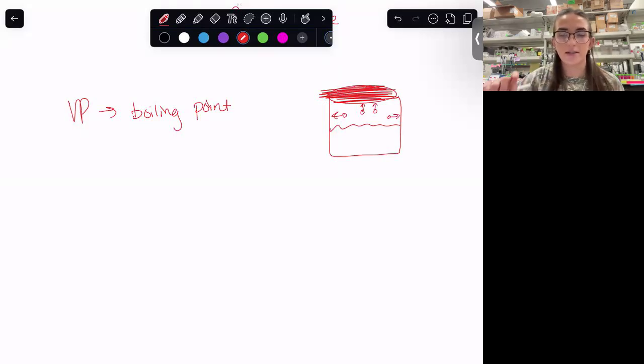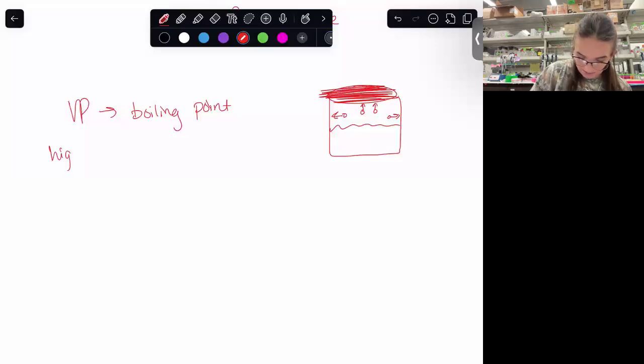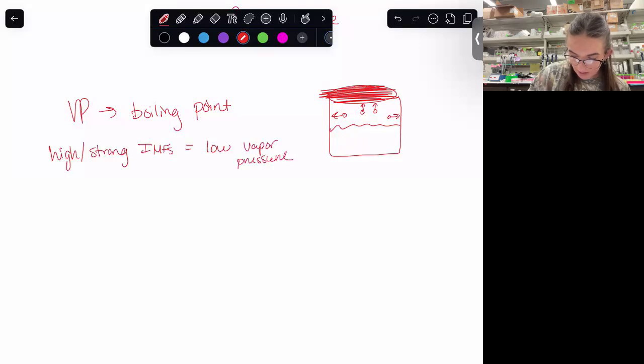So if something has strong IMFs, or high IMFs, this is going to equal a low vapor pressure, which means we have a high boiling point.